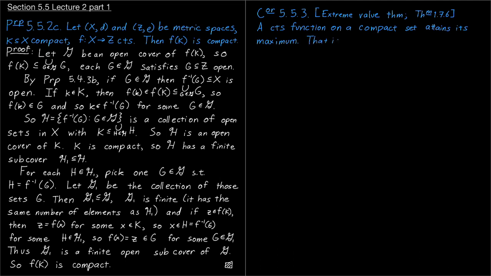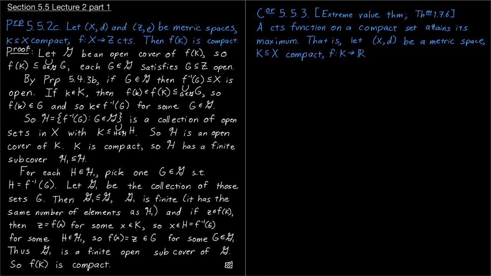That is, let's let X, D be a metric space, and K a compact subset. f is a function from K to the real numbers.